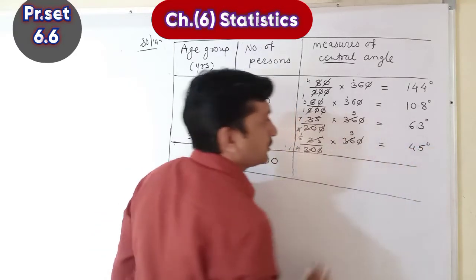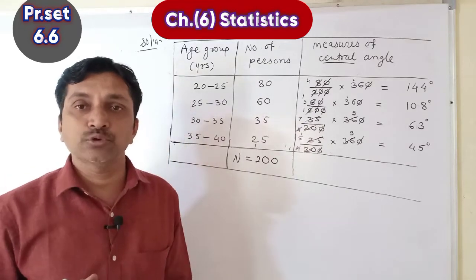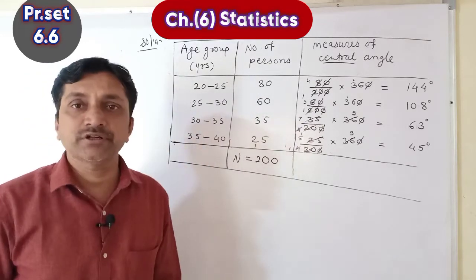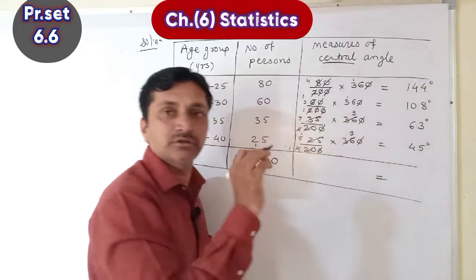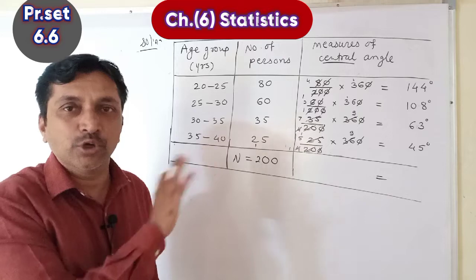Okay, now how to verify, how to check whether all this calculation is correct or not? Add them, and if you get 360, correct, otherwise somewhere it is wrong.